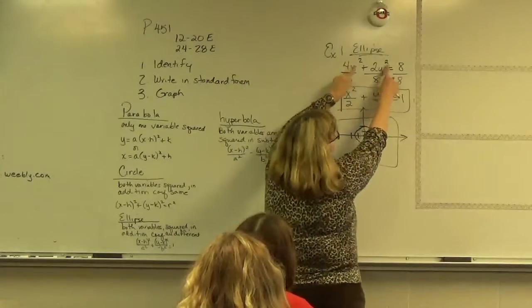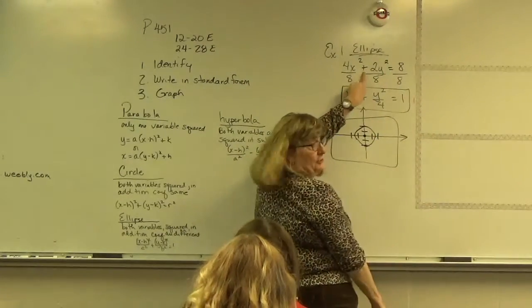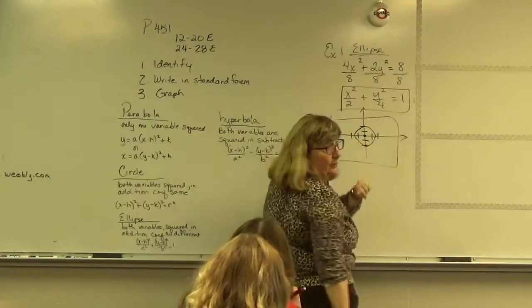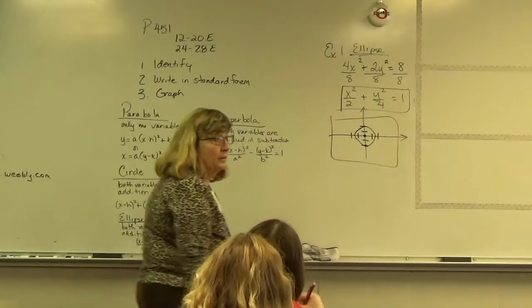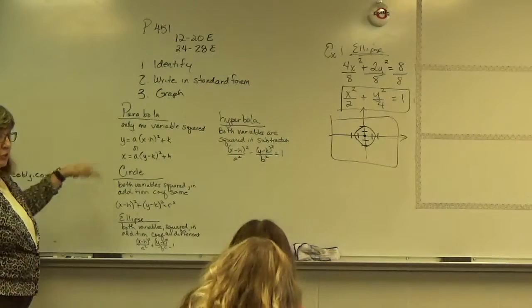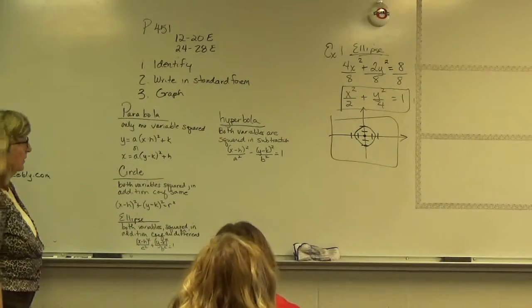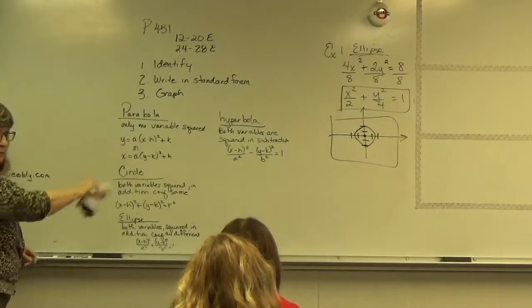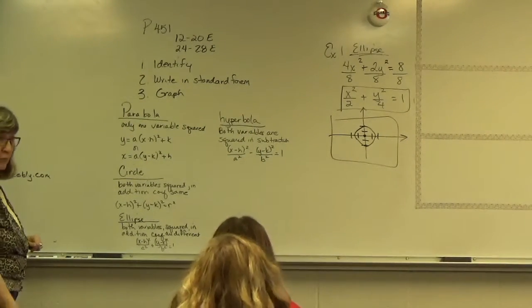Look at your x and y, are they squared? Yes. Are they in addition? Yeah. Are the coefficients different? Yeah. That's how we know it's an ellipse. So you follow those rules on each one of those categories, and that tells you how to identify what it is. Now everybody has this written so I can erase, because I need more room for the next ones.